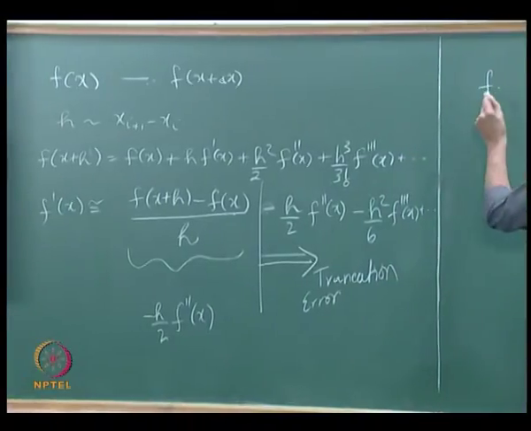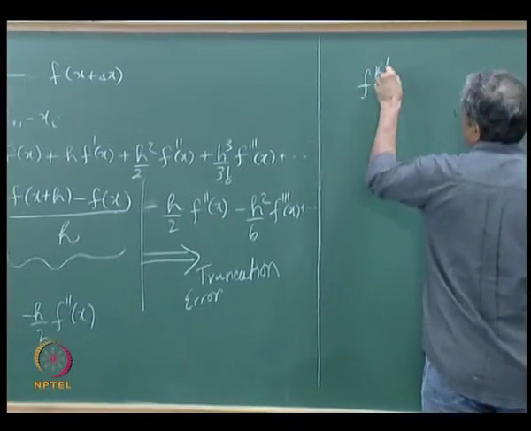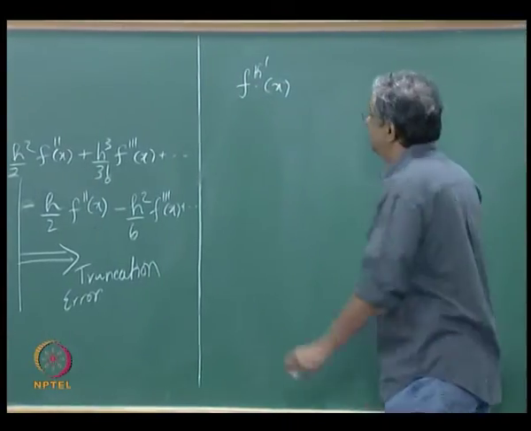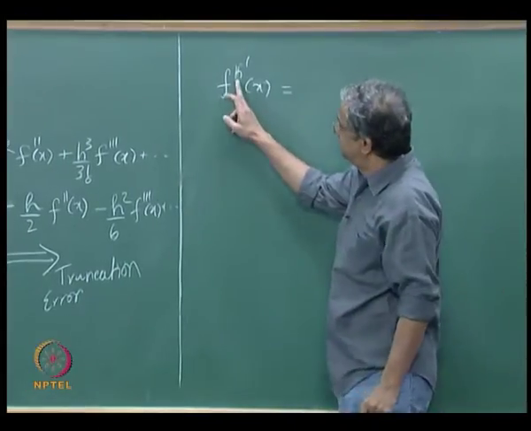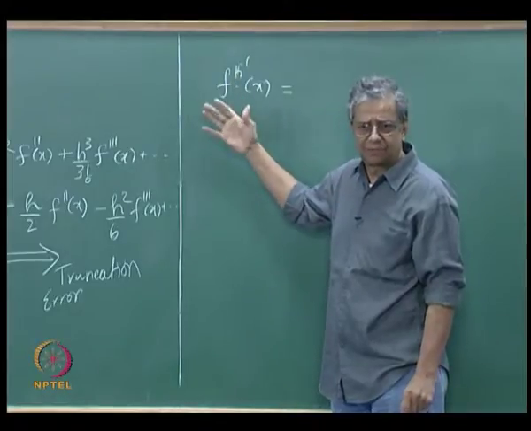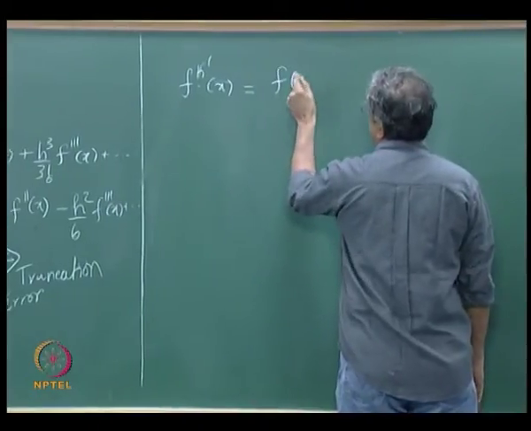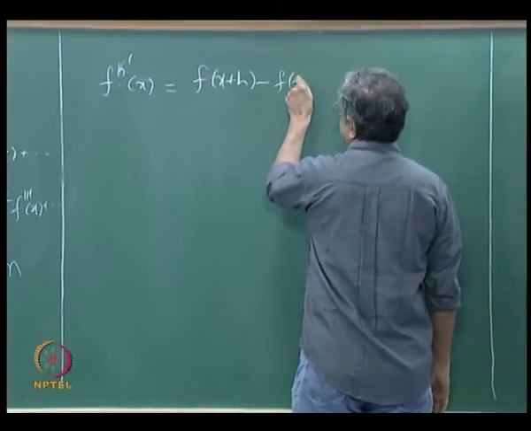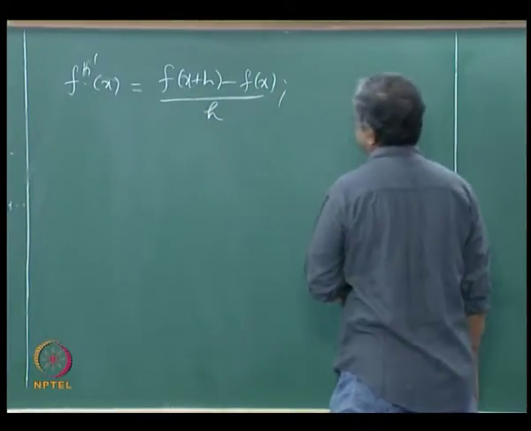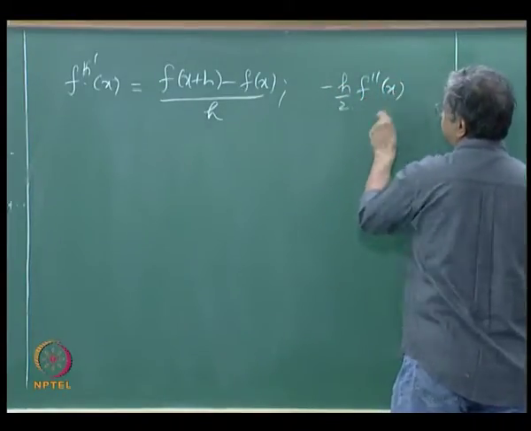So you could call it f prime with an h up there, prime of x, the h indicating that it is an approximation, and after a point maybe I will drop it where there is clarity that I am actually talking about an approximation. So this is f of x plus h minus f of x divided by h, and the truncation error is minus h by 2 times the second derivative of x.